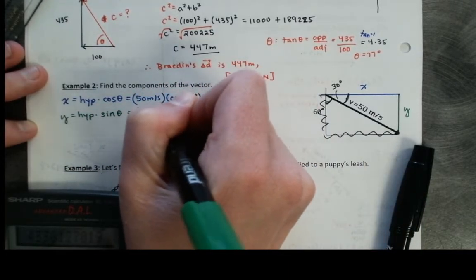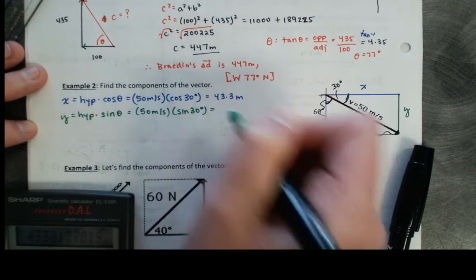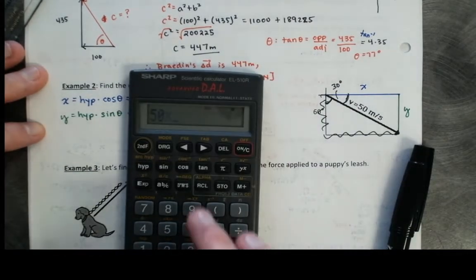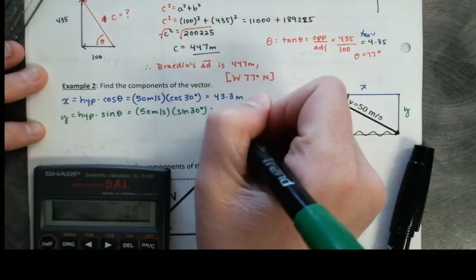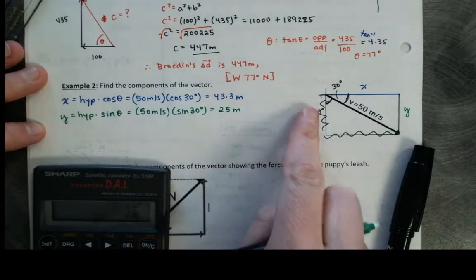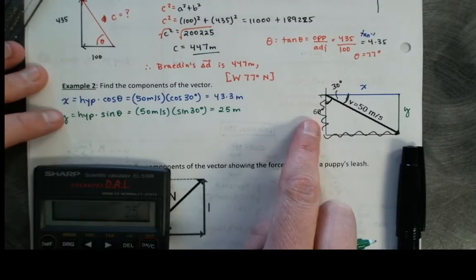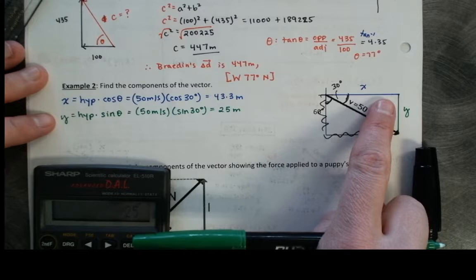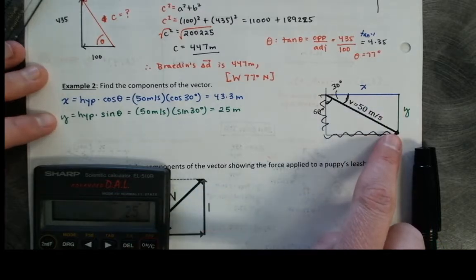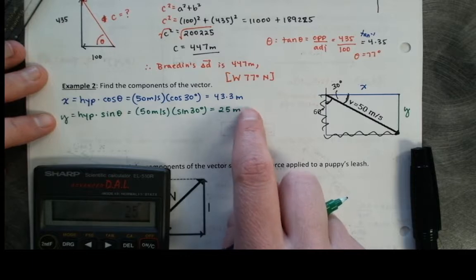Our hypotenuse is 50. Sine of 30 degrees, 50 times sine of 30 is 25. Okay, if we were not to change our triangle, our y would have ended up being adjacent and our x would have ended up being opposite. And we don't like this. We always like to have x adjacent and y our opposite. Okay, that's why I redrew this, because then these would be flipped and they'd be wrong.